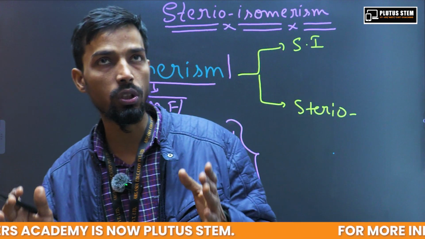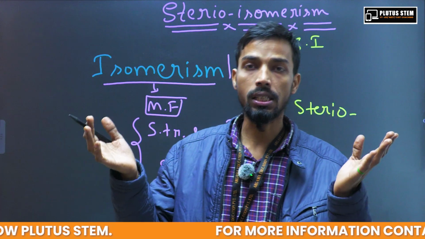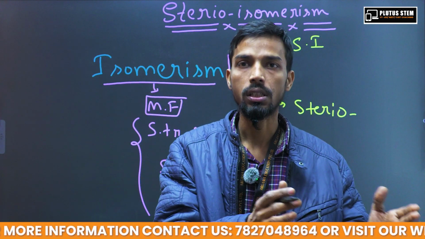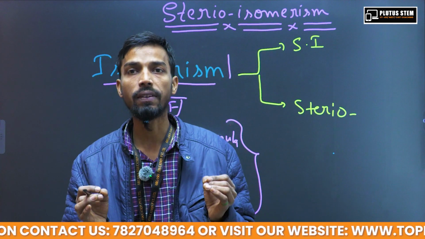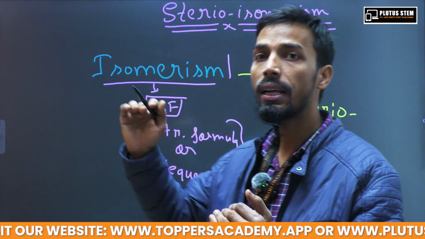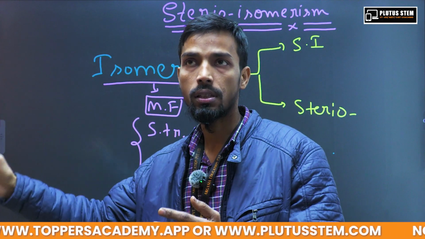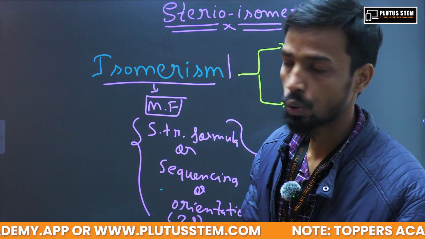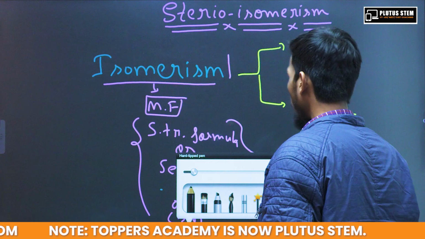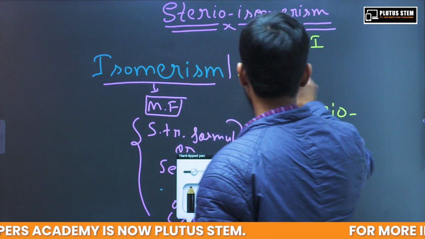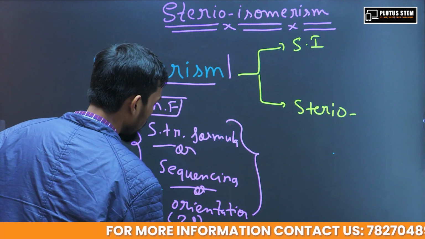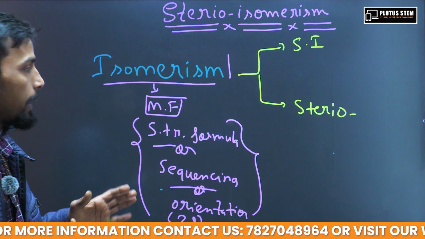Isomers are basically those compounds that have the same molecular formula but different chemical properties, and also some different physical properties. Coming back to this, structural formula may be different, sequencing can be different, or orientation in 3D can be different.